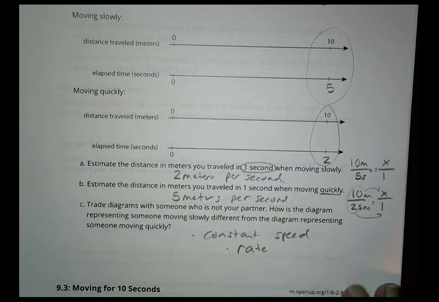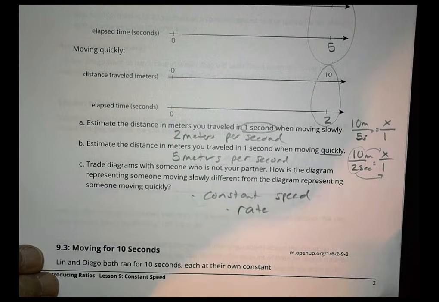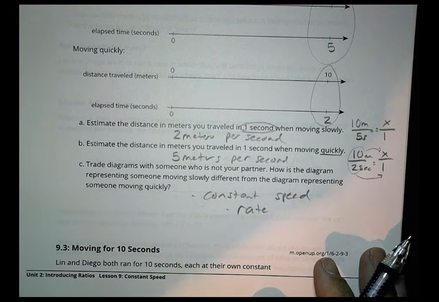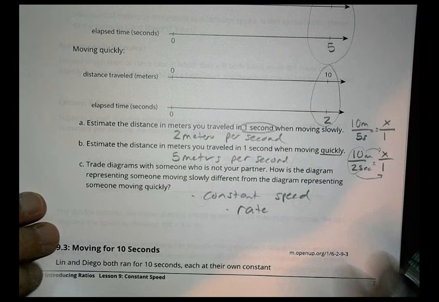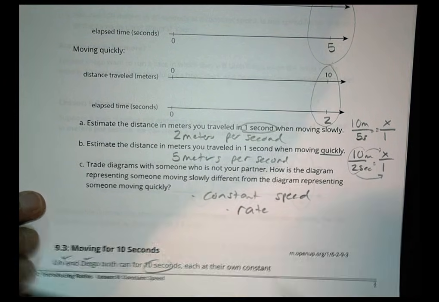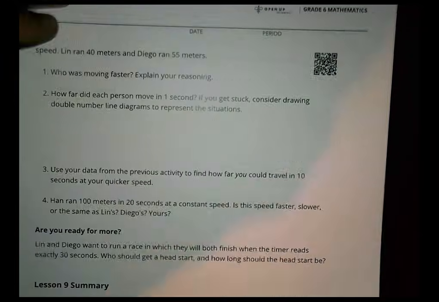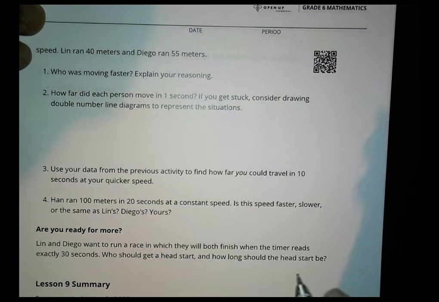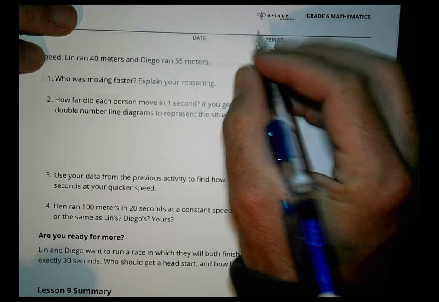So let's look at activity number 3. Moving for 10 seconds. It says Lynn and Diego both ran for 10 seconds, each at their own constant speed. So they're both going, Lynn and Diego, for 10 seconds. They're traveling. Now Lynn ran 40 meters and Diego ran 55 meters. So what we know is this so far.